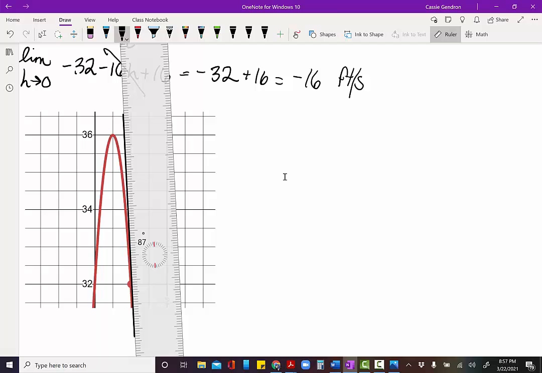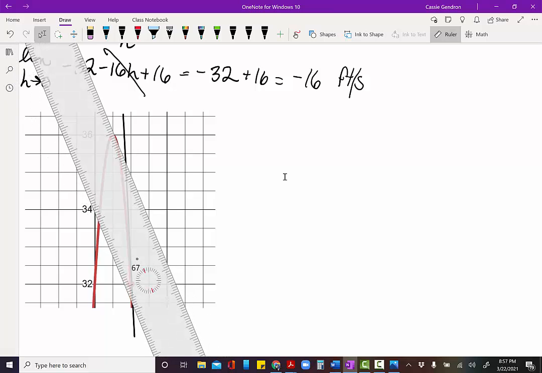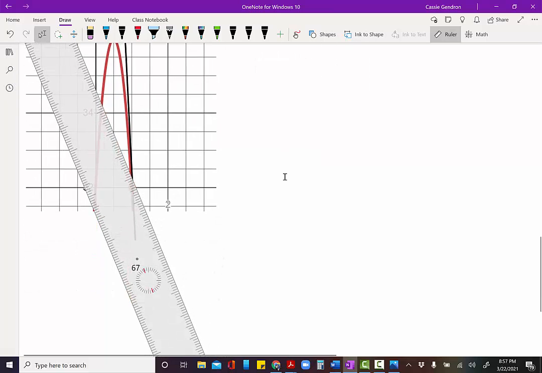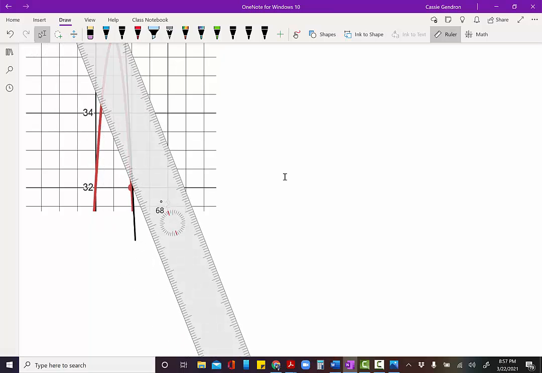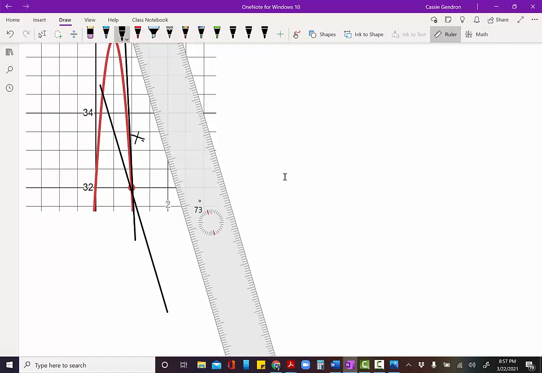Okay. And then between 1 and 2, I can't really draw that. 2 goes all the way down to 0, so it's going to have a steep line like that. So this is my tangent line.